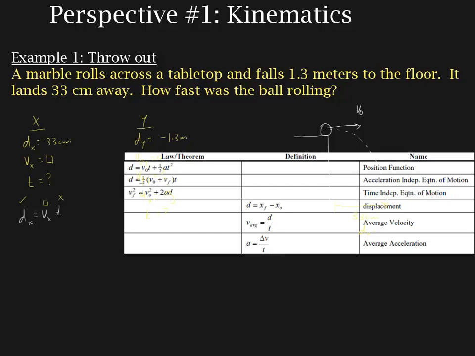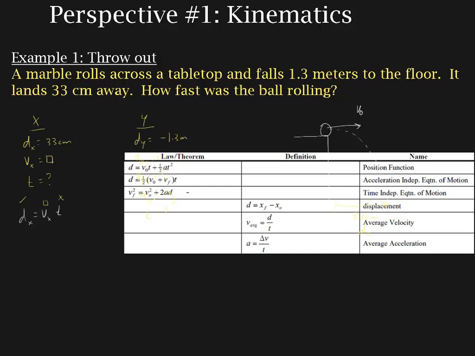The problem with the acceleration independent equation of motion is that we don't know v final. It's something we could calculate, but that just means extra work. So that's not our number one pick because we want to do as little work as possible. Then finally, we have the time-independent equation of motion, and that also could work, but again, we're introducing v final into our equation, and that's something we don't know.